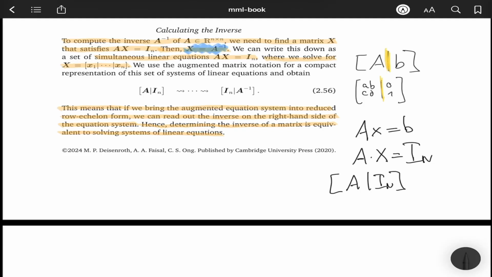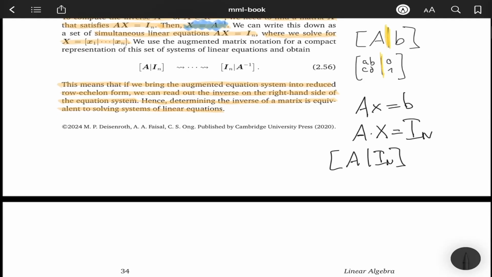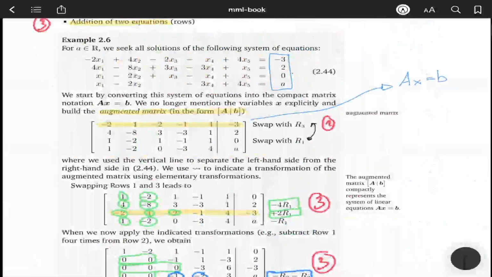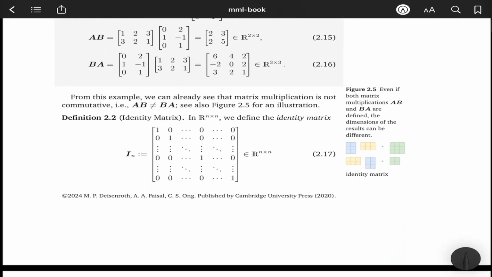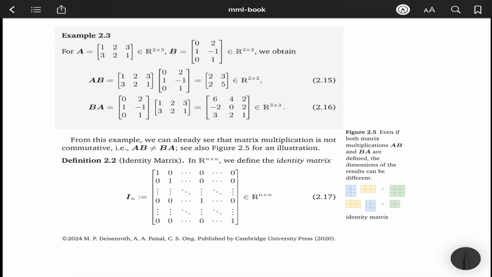And if we remember how multiplication works, let me shift to how multiplication works. We have something like this, right? So a 3 times 2 and a 2 times 3 equals a 3 times 3. So basically the first dimension and the last dimension in the chain. Yeah, this one is the first, this one is the last.